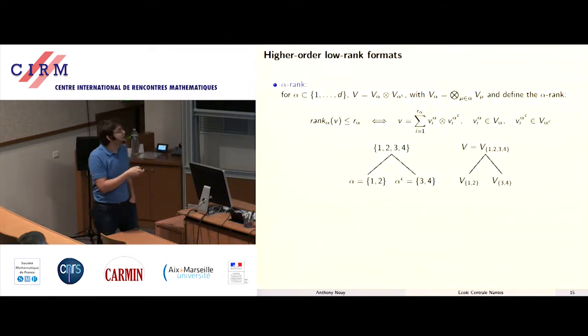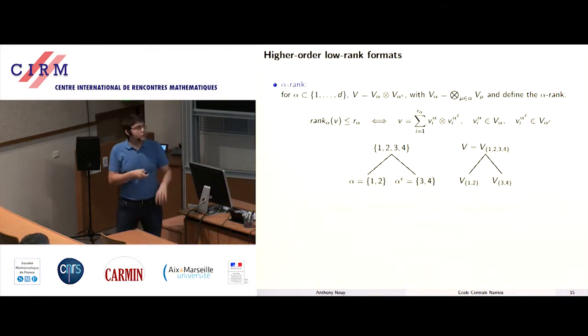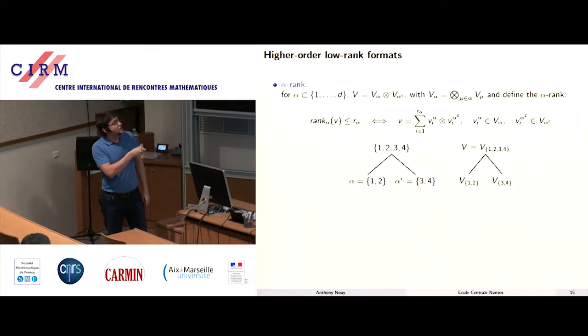So here you can very naturally define what we call the alpha rank, alpha being a subset of dimensions. You have D dimensions, you take alpha like this, equal to {1,2}. You isolate the dimensions 1, 2, and you see your tensor space as a tensor product of the space V alpha, which is itself a tensor product of V1 and V2, and the complementary space here.